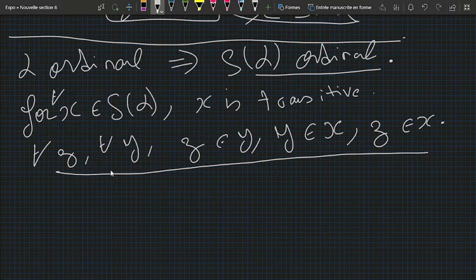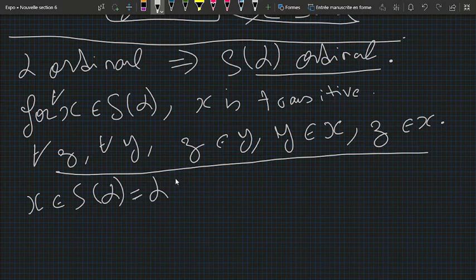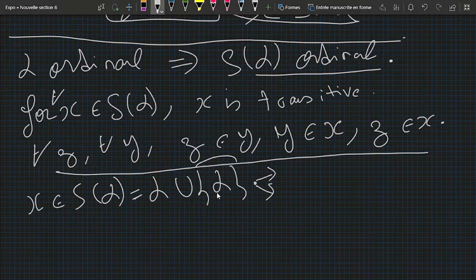For an element X in S alpha, by definition, S alpha is alpha union {alpha}. So we have two situations: whether X is equal to alpha, because belonging to this set, or X is an element of alpha.